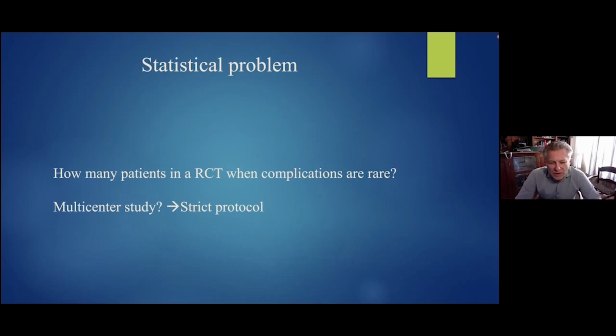To perform a better and safer procedure, and to prove it is statistically significant, you need to study a lot of patients to find a change from 4 in 10,000, let's say, to 2 in 10,000. You can do a multi-center study, but then you need a very strict protocol for every performer to follow. Otherwise, your study will not be valid.